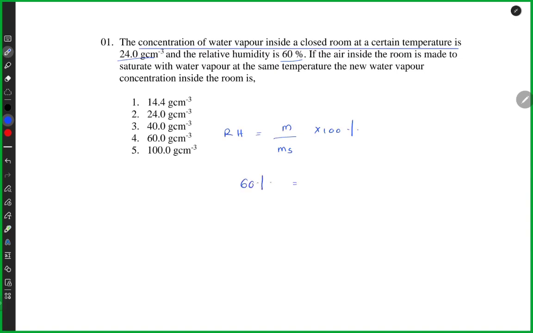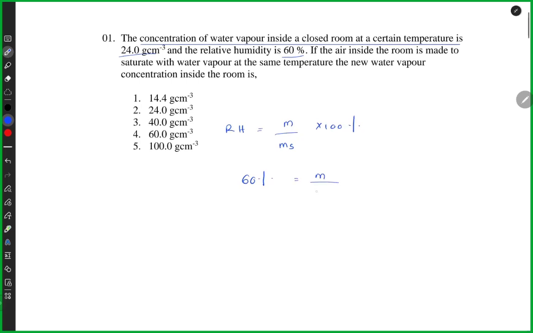That's equal to the mass available M divided by mass to saturate, multiplied by 100%. Now tell me, what is the other equation that we learned? If you divide by V, we get the density of water vapor available divided by the density at saturated state, rho S, multiplied by 100%.